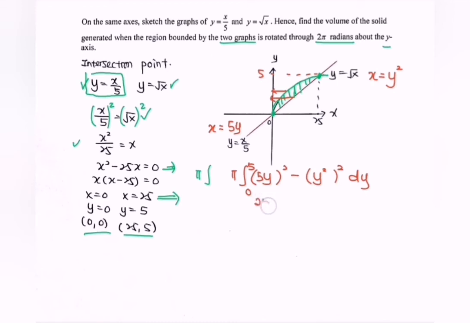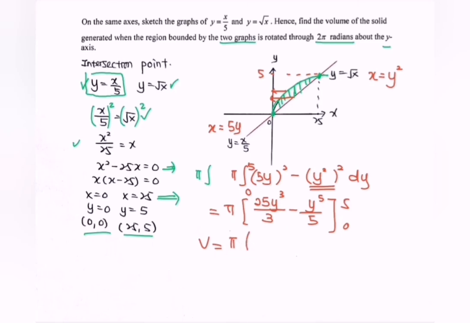So next what we have to do is to integrate the situation. So 25y squared, if we integrate, we will have y to the power of 3 over 3 minus, here we have y to the power of 4, so y to the power of 5 over 5, for the limits 5, 0. So now, in order to find the volume, kindly substitute the situation and we will have pi bracket.